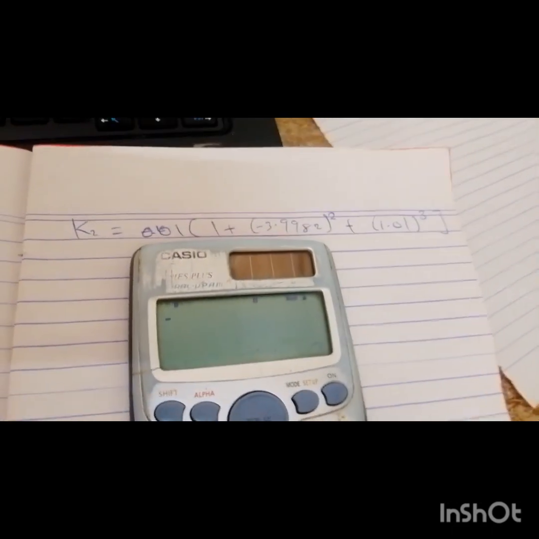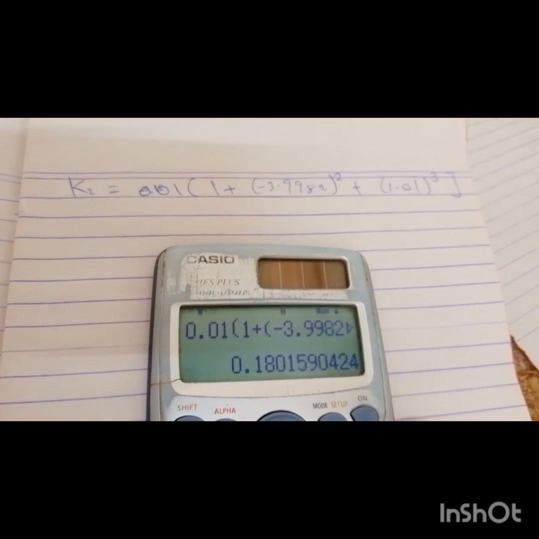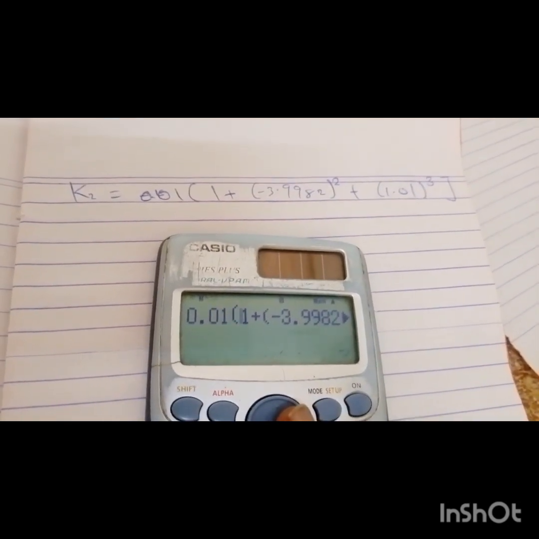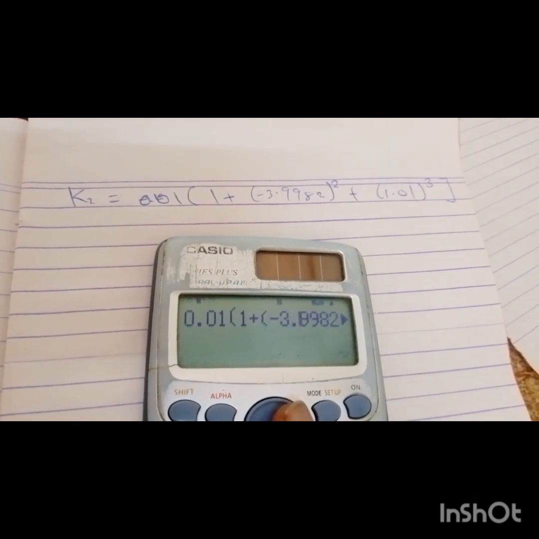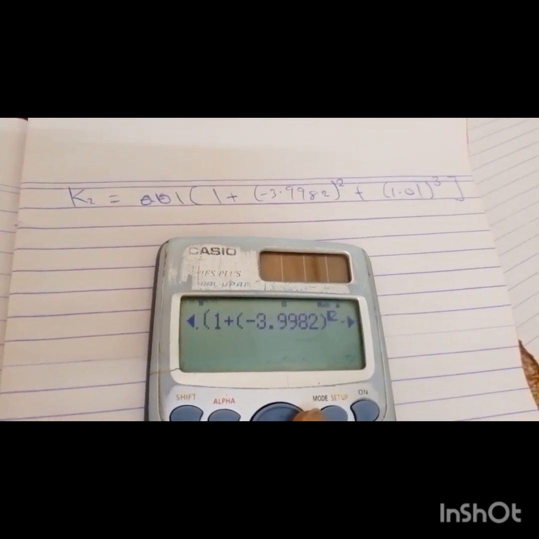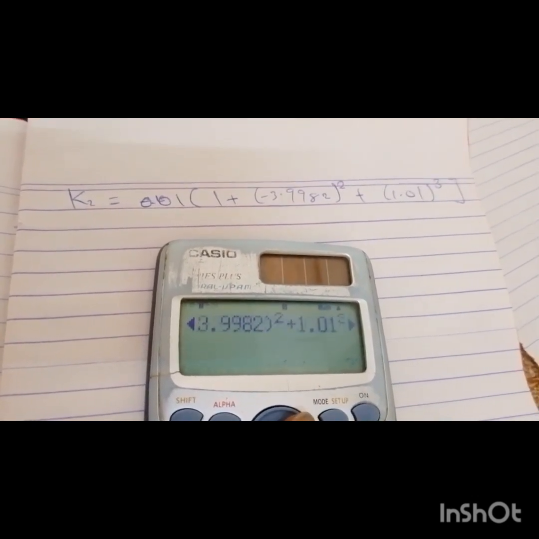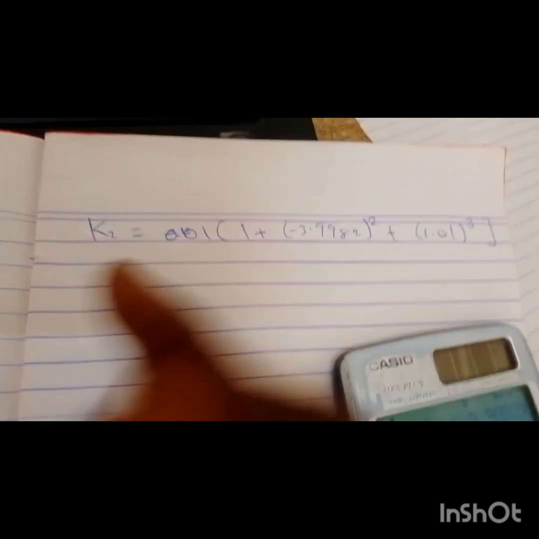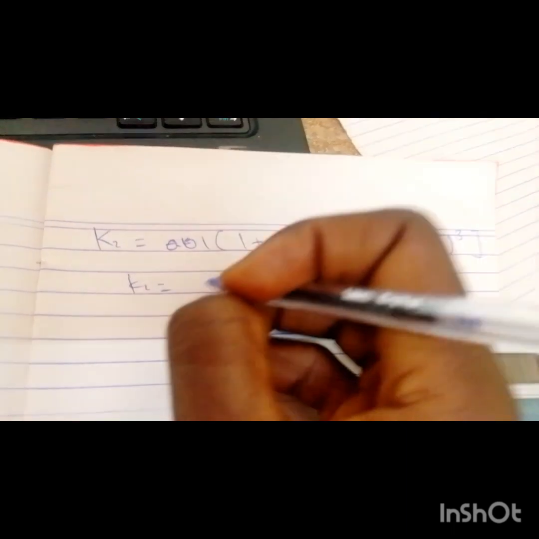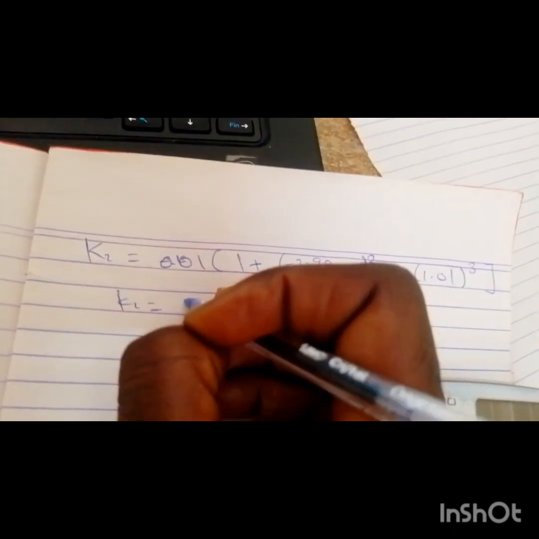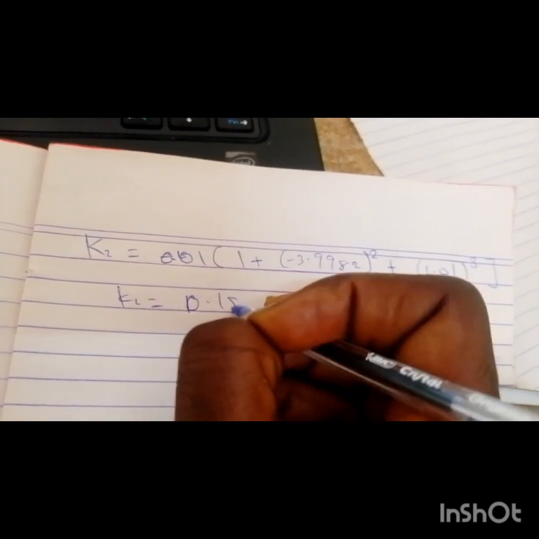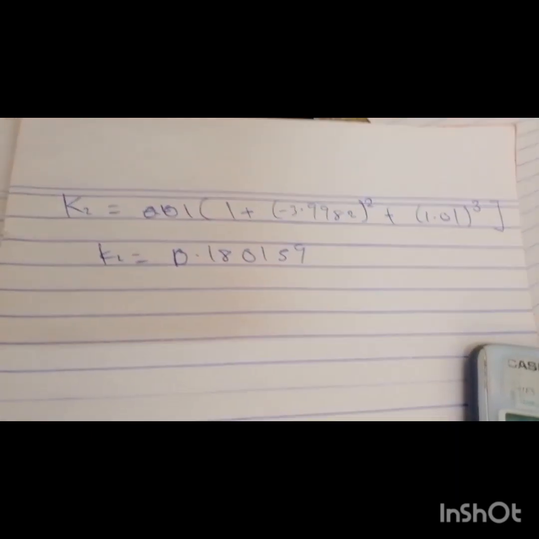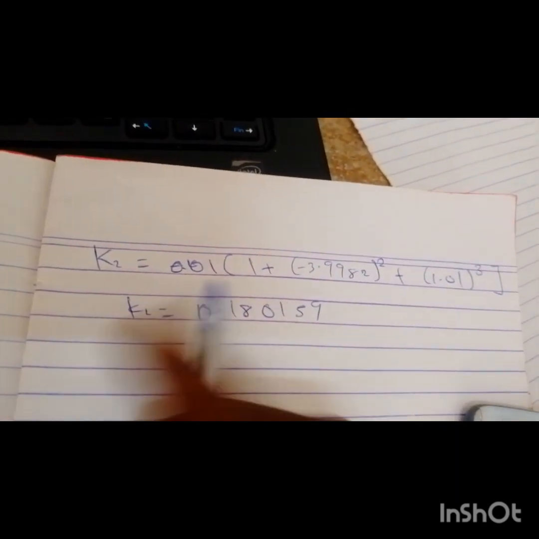Just enter that. So you have your 0.01 times 1 plus, and don't forget to put your negatives in brackets, and then this cube. You just enter it, and our k2 is equal to 0.180159. So this would be our k2.